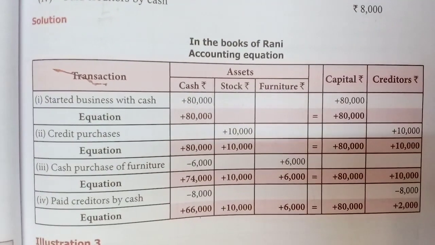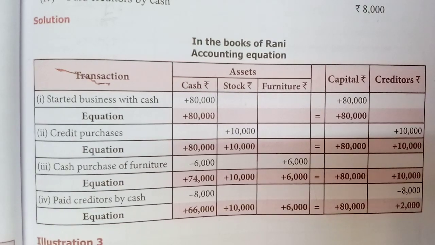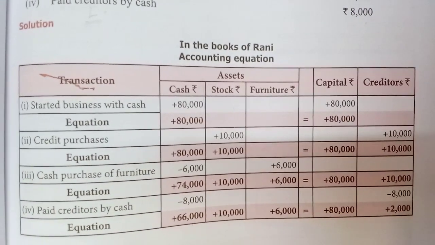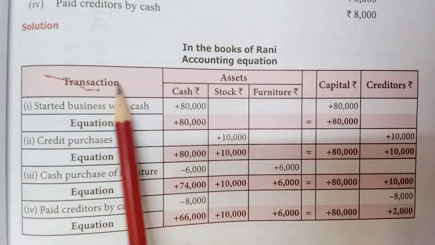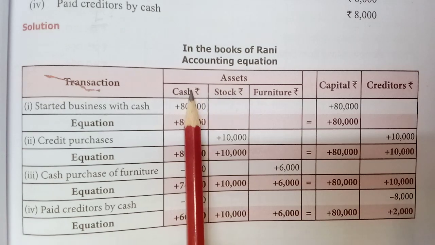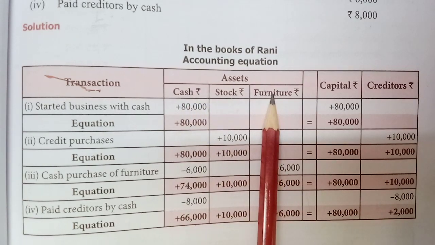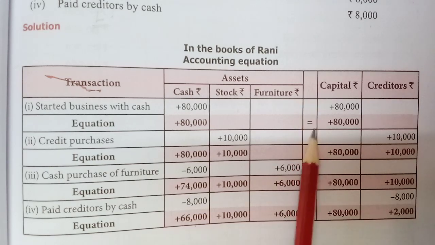Now I will show in the notebook, but using only one page. Understand? I cannot show both pages in this video. I will show only one page, but you have to use 2 pages for this. On the first page, particulars column, then first amount column, second amount column. On the right side page, date column, then one small column where you write the equal sign.